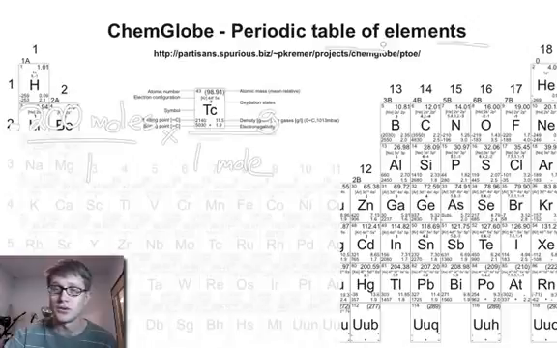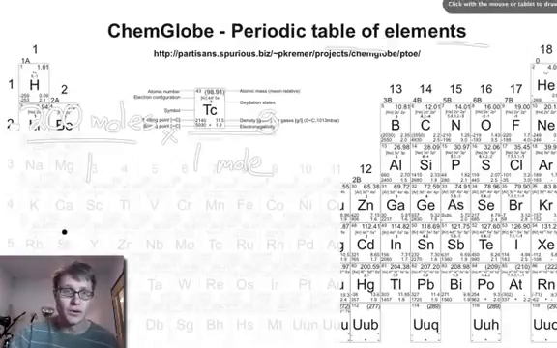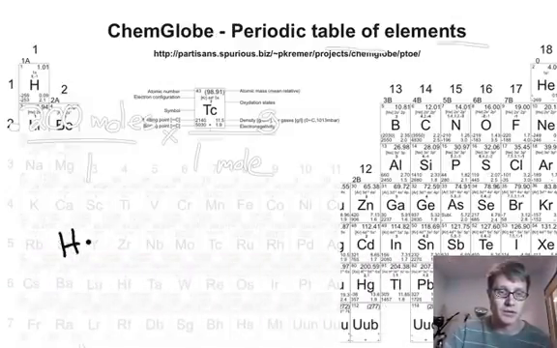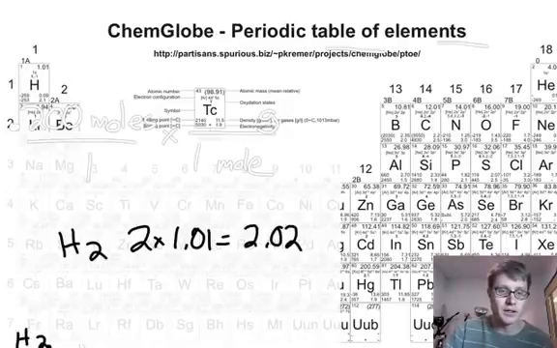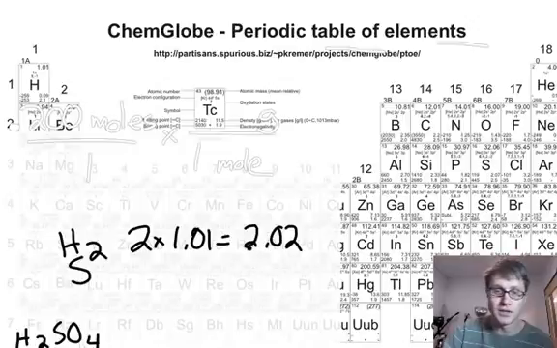So H2SO4, as I find my periodic table, and let's switch colors. H2SO4 is going to have 2 hydrogens, and so there's 2 of these 1.01, so that's going to be 2 times 1.01, which is equal to 2.02. Also in H2SO4, let's write that down here, H2SO4, we've got 1 sulfur. So I find sulfur on here. Sulfur has a mass of 32.06.